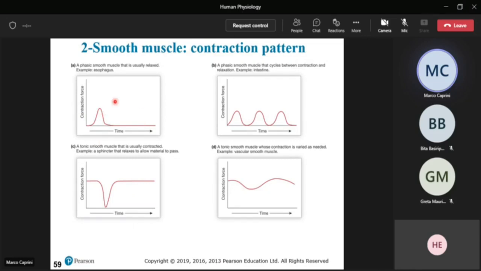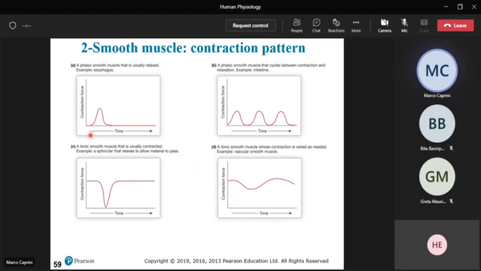In particular, the smooth muscle cells can be classified by whether they alternate the contraction and the relaxation states, or if they are continuously contracted. What do I mean? Let's analyze panel A and panel C. In panel A you can see the smooth muscle that is usually relaxed, like the esophagus.